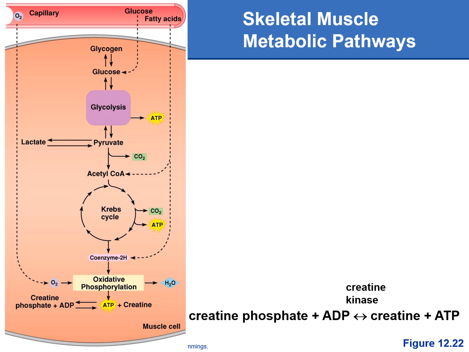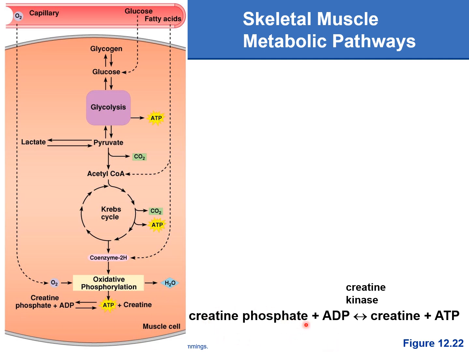Here's a nice picture that summarizes the three ways to make ATP in skeletal muscle cells. The first way that you're going to make ATP when you start contracting your muscle, and it doesn't matter if you're doing light, moderate, or heavy exercise, is you're going to use this creatine phosphate. I just wrote it bigger here, but it's down at the bottom in this picture.